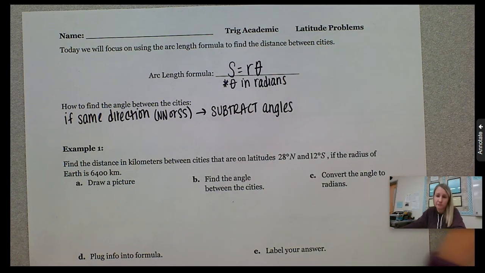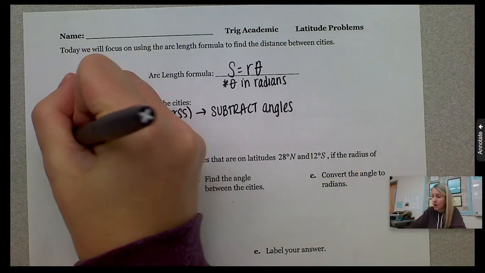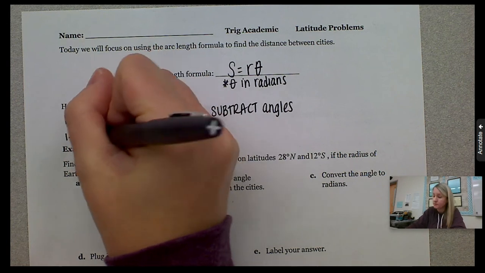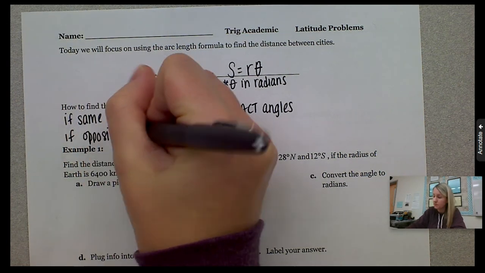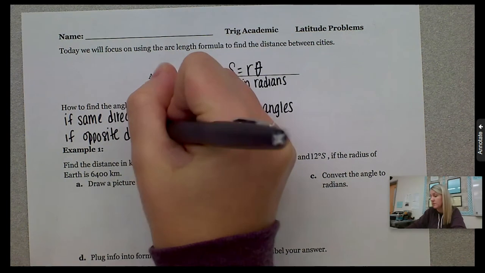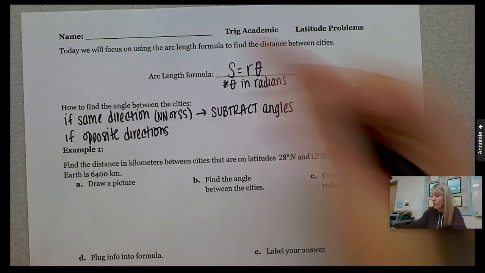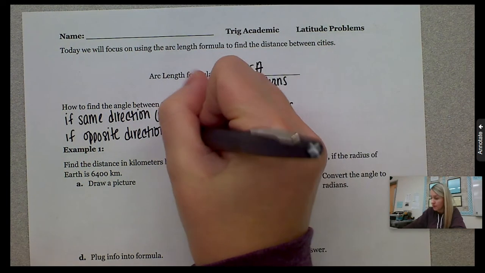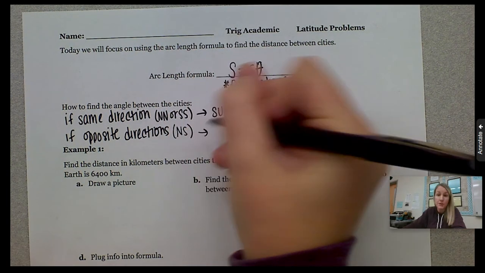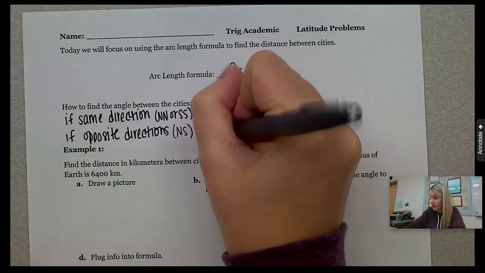If they're in opposite directions, like north and south, then you are going to add your angles.